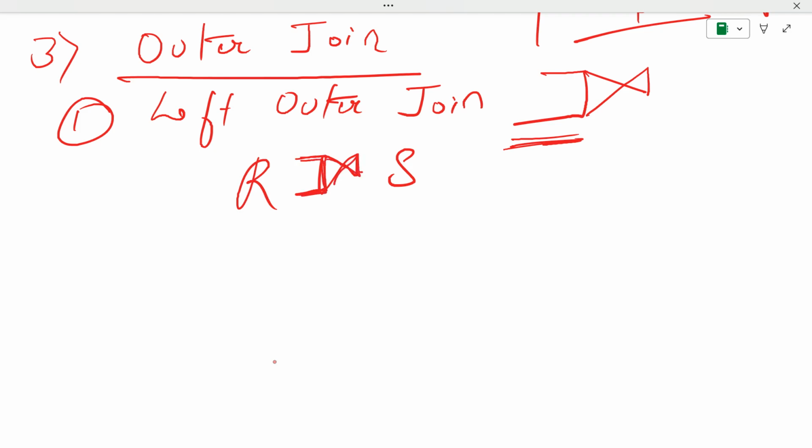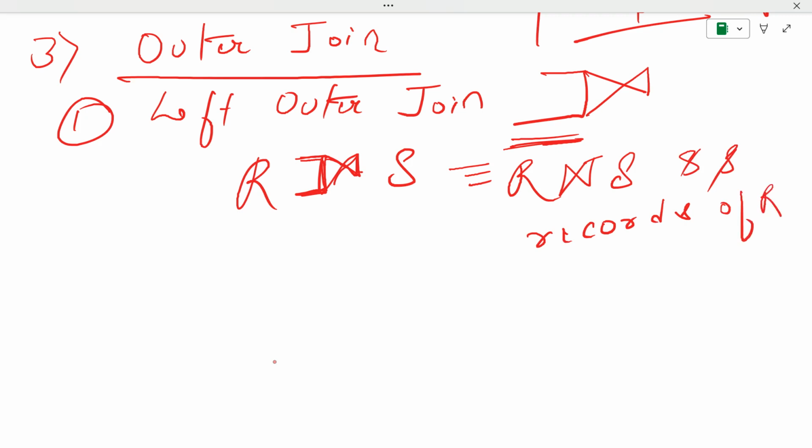Okay, so it means that we are doing a natural join of R and S, and it also includes records of R that failed the join condition.